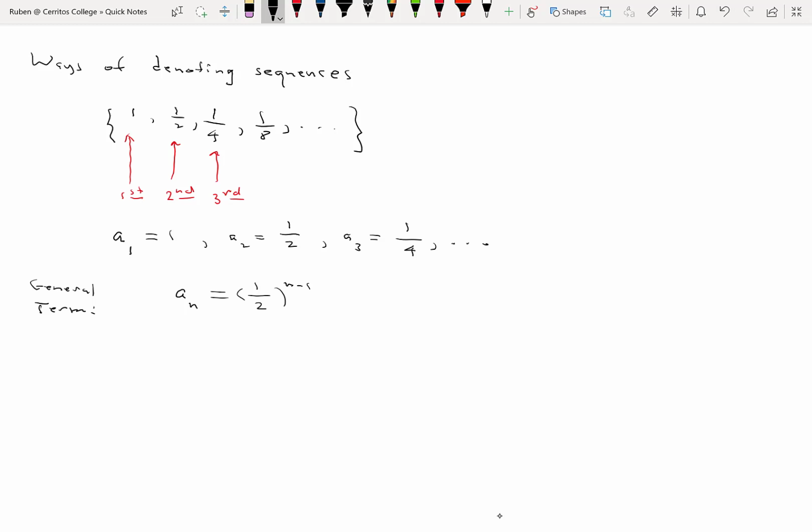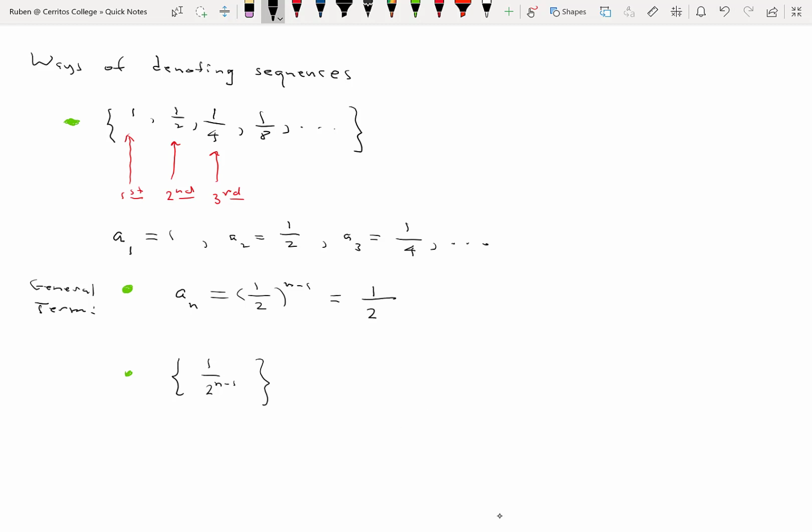Okay, so this is another way of identifying or denoting the sequence. The first way, just list the terms in the sequence. The second way, write out a function using subscripts for the general term in the sequence. Another way of doing that is to kind of combine the first two ways and take the general term and put it inside braces. Kind of did a little algebraic simplification there without telling you about it.